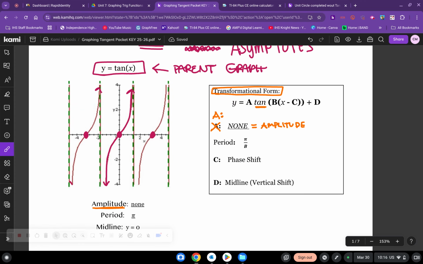So they do not have a maximum or minimum, therefore they do not have an amplitude. So make sure we understand that A and amplitude are two different things. The value of A is the number that's in front of the tangent. The amplitude is the value of the distance between the midline and the max, or the midline and the min.